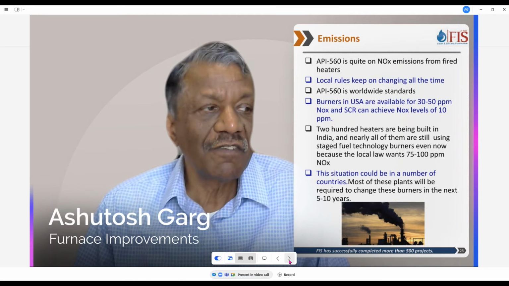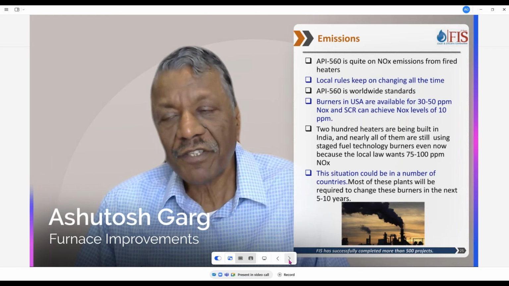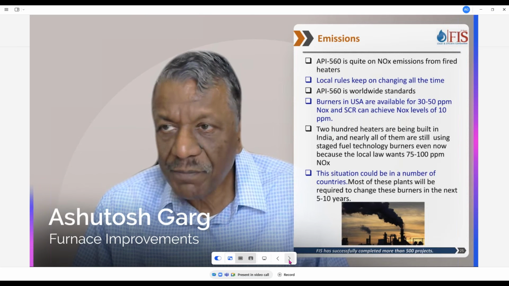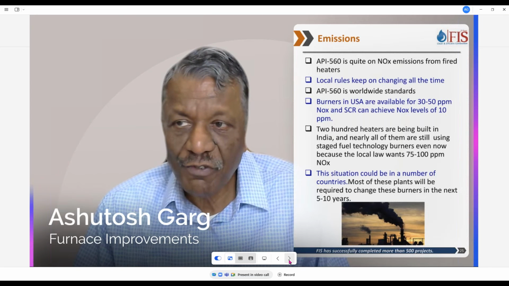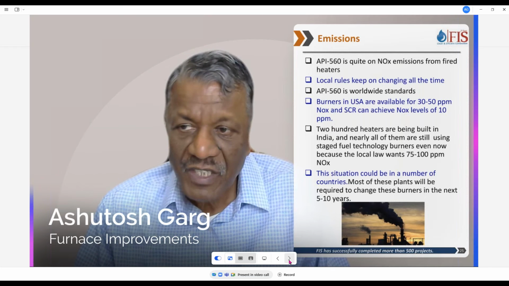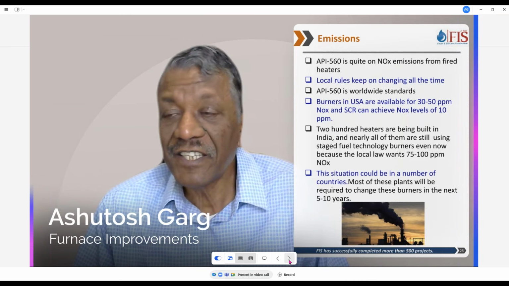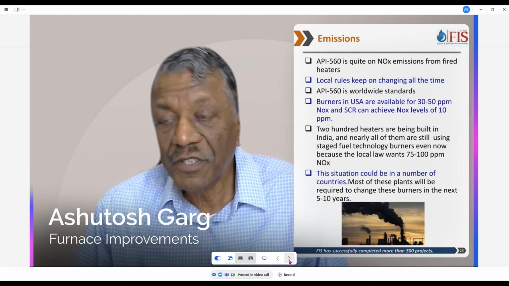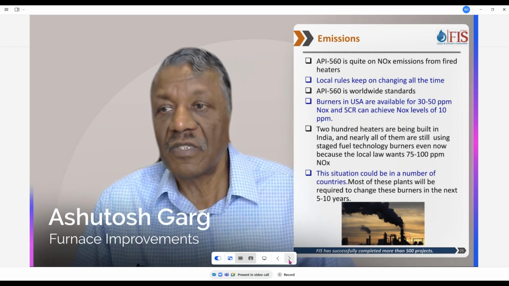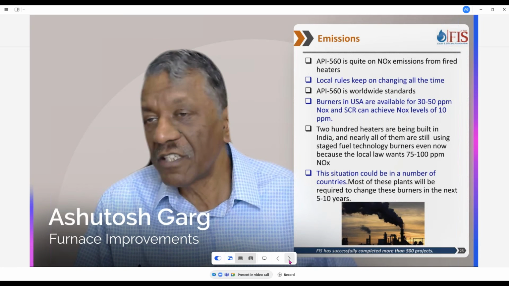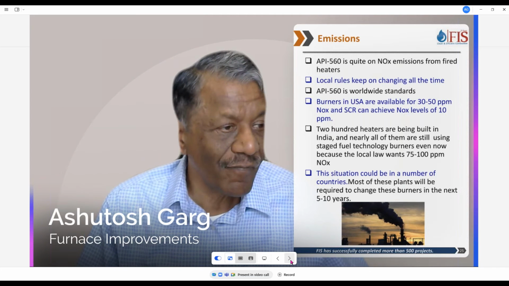If the technology is available, and API 560 says just one sentence, use lowest NOx emission burners, most of the buyers will pay attention, most of the vendors will be forced to offer lowest NOx burners, and we will reduce the NOx emissions without spending anything extra. This is more applicable in the developing world, where they are still not that stringent on NOx, but the technology is already grown and already available. Why not make use of it?